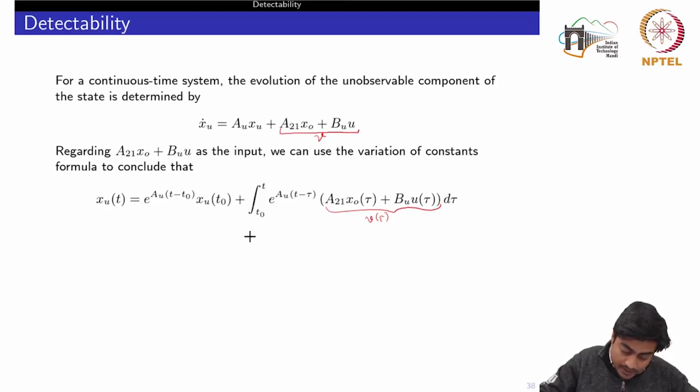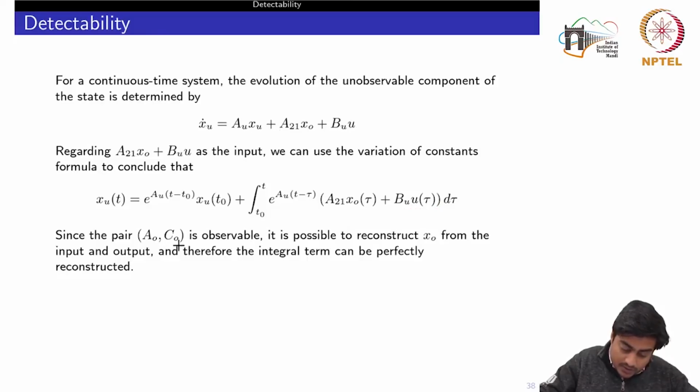Now since the pair AO-CO is observable, it is possible to reconstruct XO from the input-output pair, and therefore the integral term can be perfectly reconstructed, right? Because it contains two important variables, XO, which is observable, and u, of which you have the information, which is directly measurable.